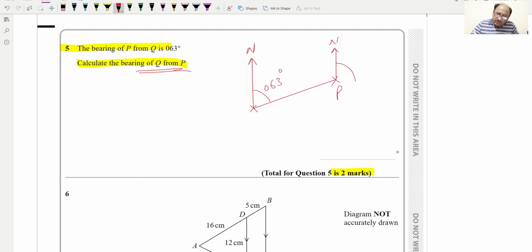So from P to Q will be this angle, and we can find this angle if we extend this line.